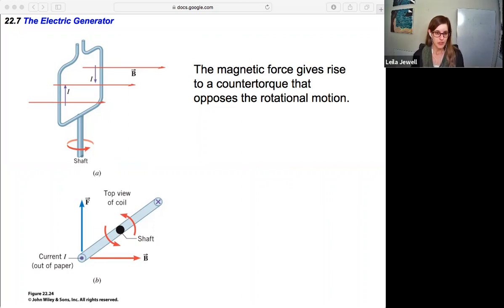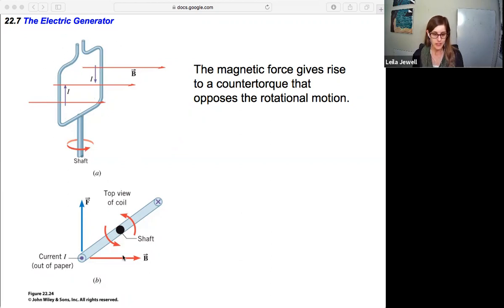This magnetic force that the coil experiences gives rise to a counter torque that opposes the rotational motion. This is like Lenz's law, right? If you get something spinning, then there's going to be something that opposes that change. So here we have the shaft spinning around in the magnetic field.